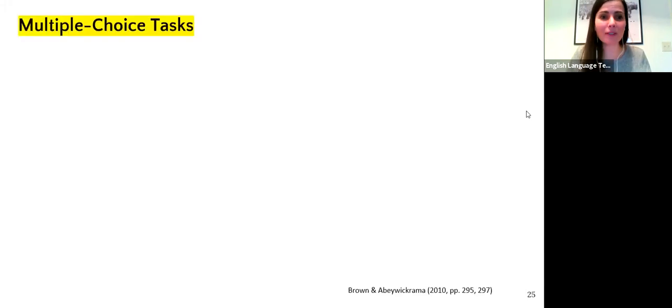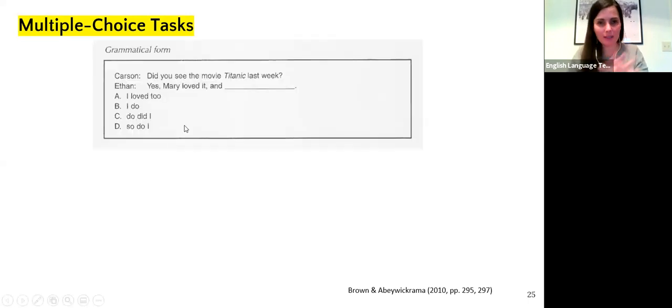So let's start with the multiple choice tests that are in the Brown and Bakerama chapter. So this is not me, this is them. And I like the distinction that they make: this type of test is multiple choice, but it's only focusing on the grammatical form. Why? Because with all the options here, it's not essential for the student to understand the context.